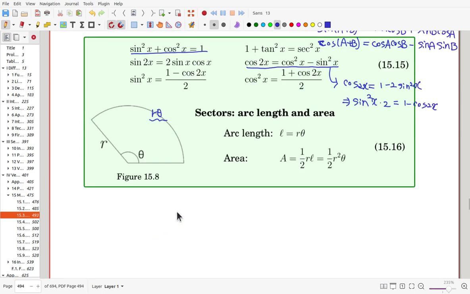And the area can be found quite easily. You may think of the area of a sector as almost the same as a triangle. Okay, let's draw a figure. Now that is a sector. Okay, that height is r.